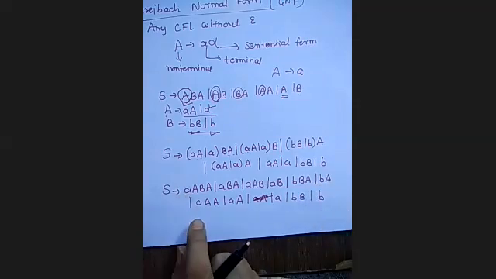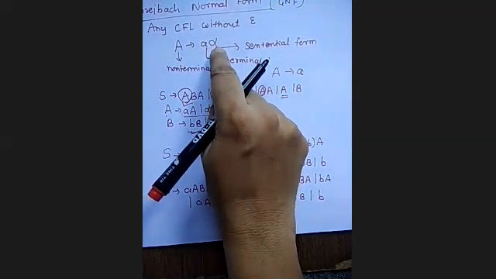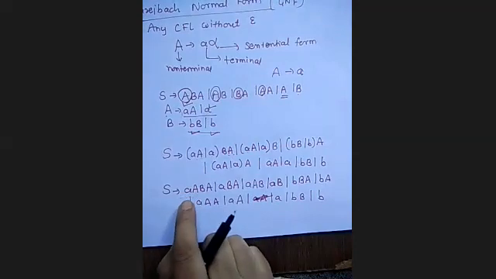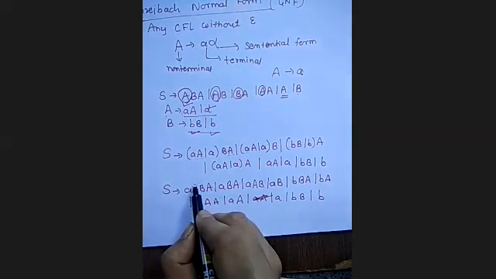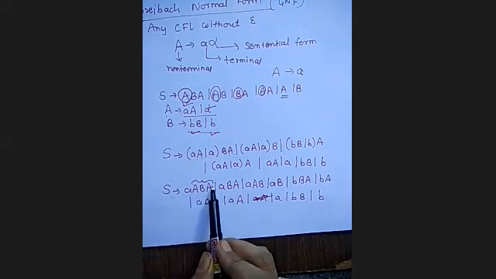So all rules are in that format: A gives a alpha, alpha being a string of terminals and non-terminals. The only thing you have to check is whether the right hand side starts with a terminal. After that, it may be a string of only terminals, only non-terminals, a combination of terminals and non-terminals, or it may be epsilon. Like here, S gives a followed by this alpha.